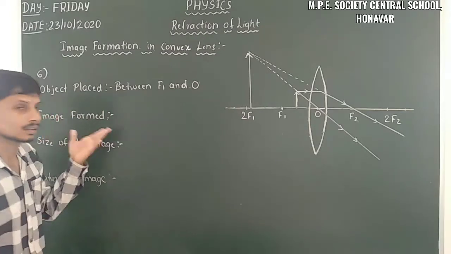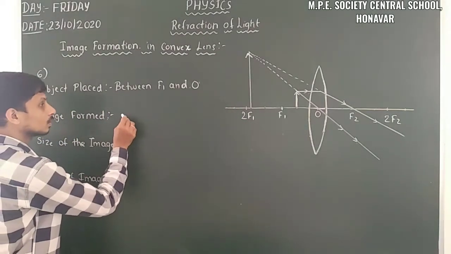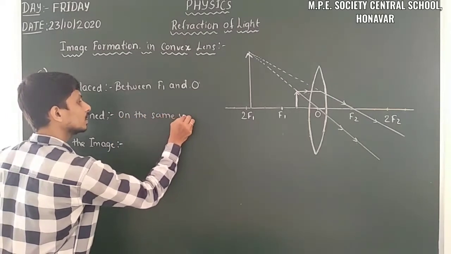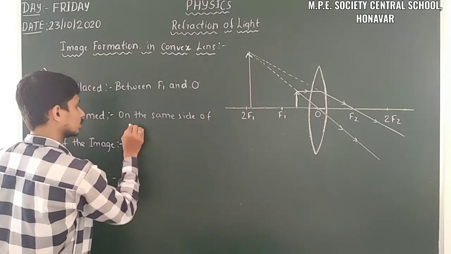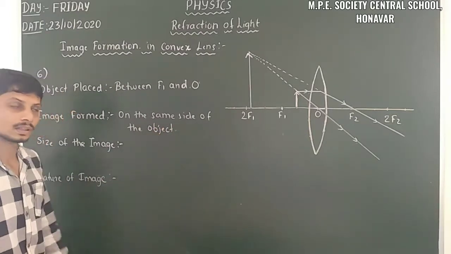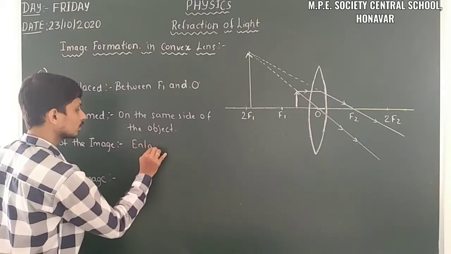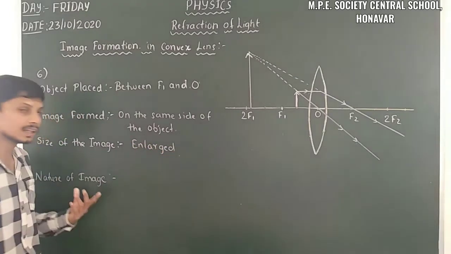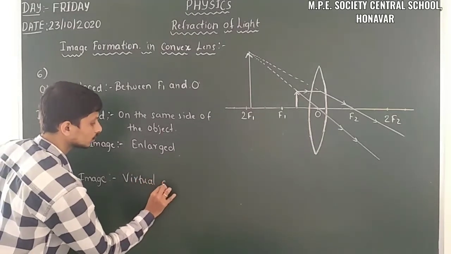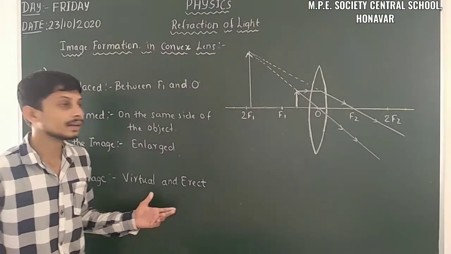The image is formed on the same side of the lens as the object. The size of the image is enlarged, and the nature of the image is virtual and erect.